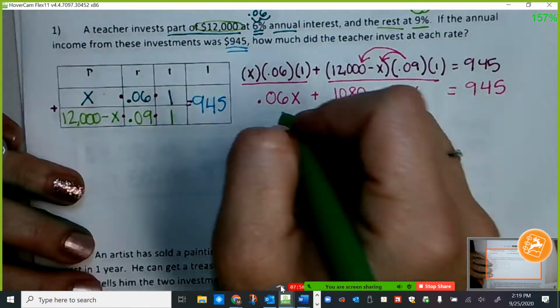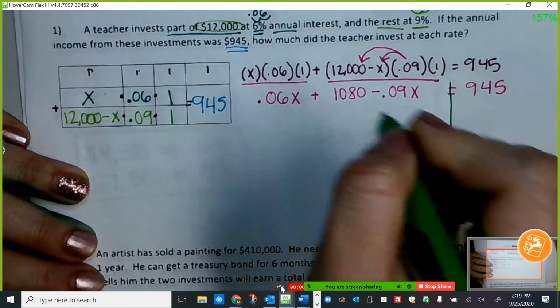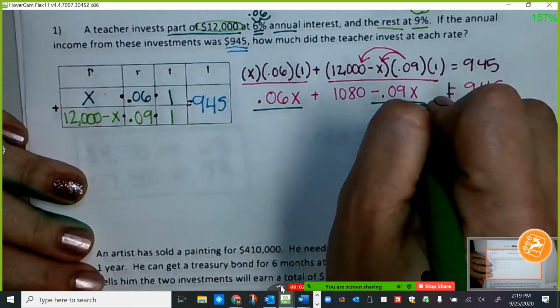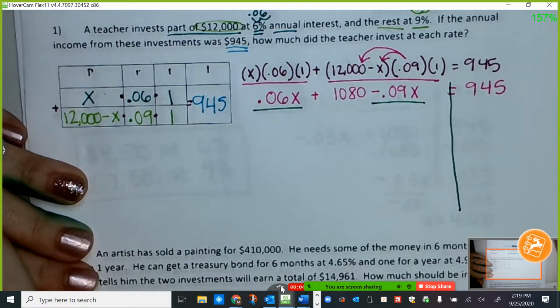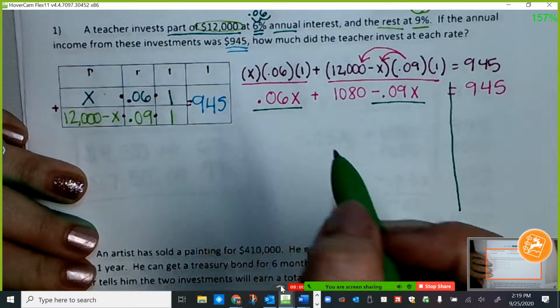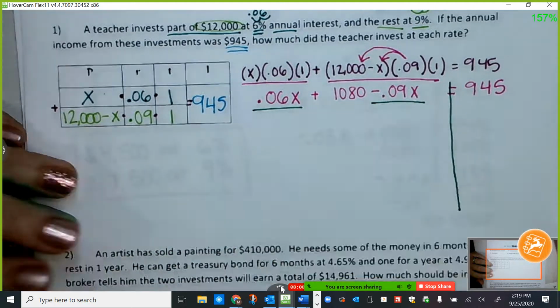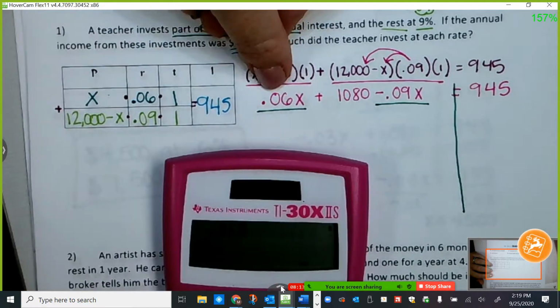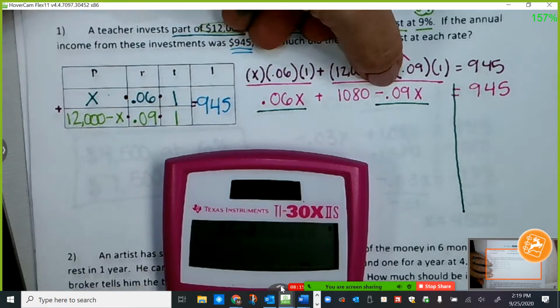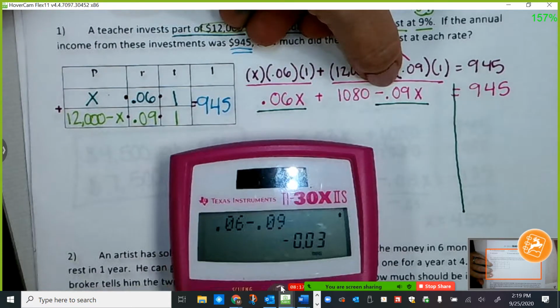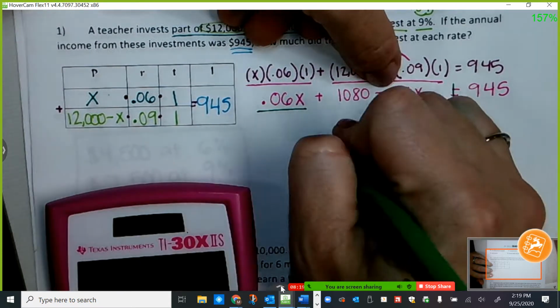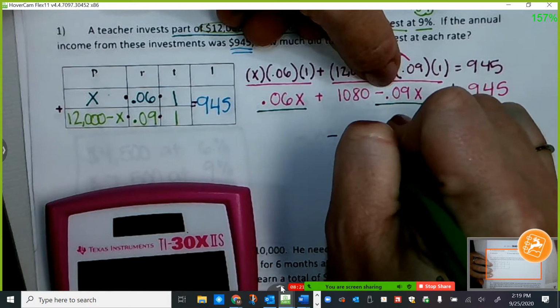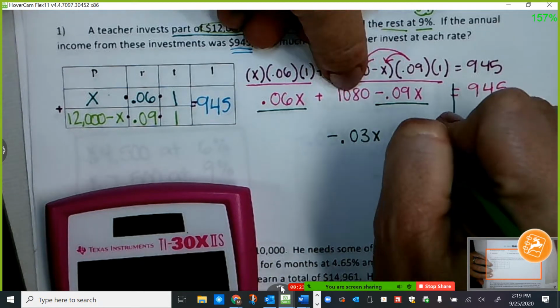Okay, so let's solve this. Those are like terms, so we're going to combine them. So 0.09, they're on the same side of the equal sign, so we're going to keep the sign. So this is positive 0.06 minus 0.09, and that gives me negative 0.03. Bring down my 1080.